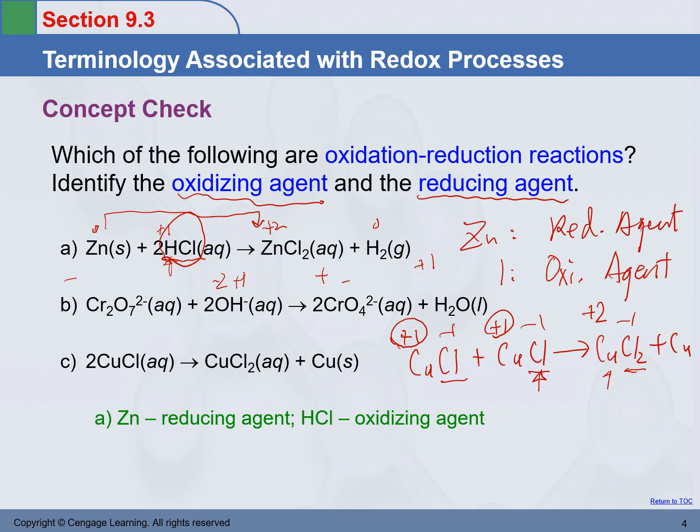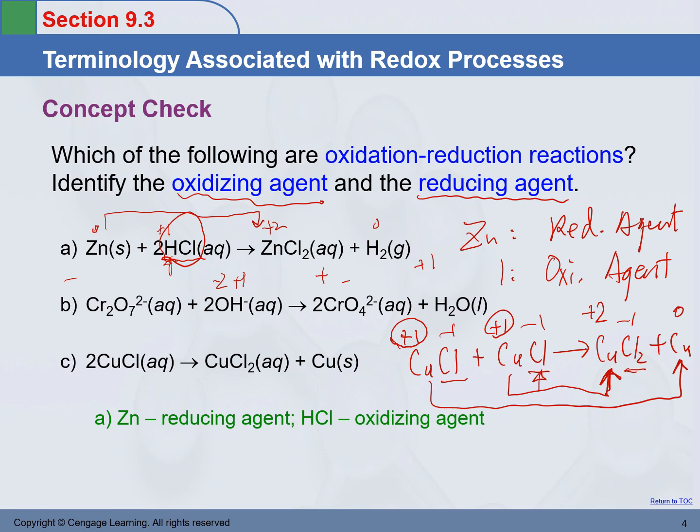And this copper is 0 because it is in its elemental state. So what do we see here? One copper's oxidation number increased, changed from +1 to +2. Another copper's oxidation number decreased, changed from +1 to 0.